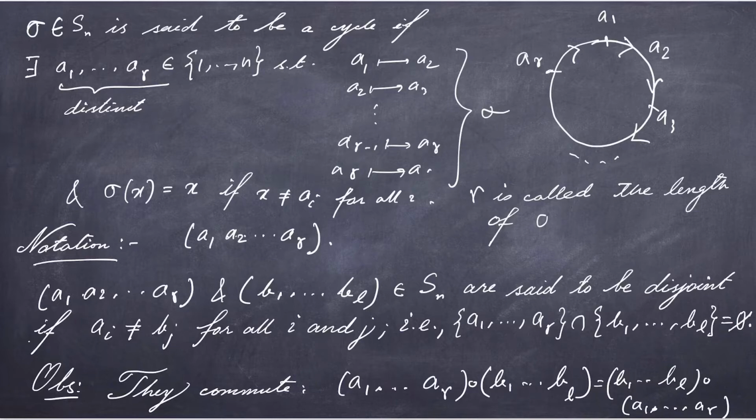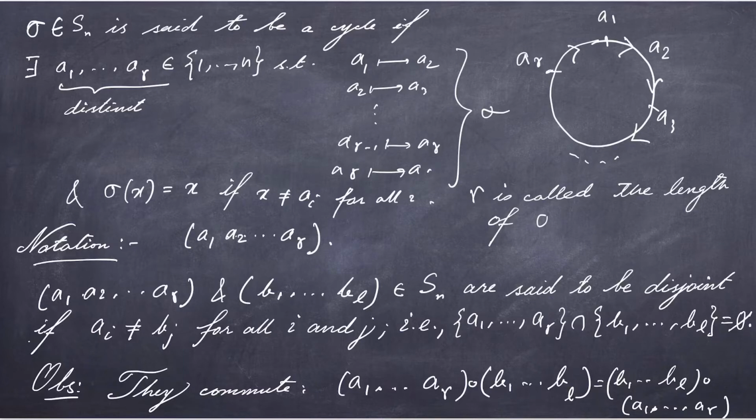So in view of that we will use this notation. This notation means that each term here is being moved to the next term, and the last term comes back to the first term. It is reasonable to use this notation, as we just need to know the elements and the succession in which they are being moved.